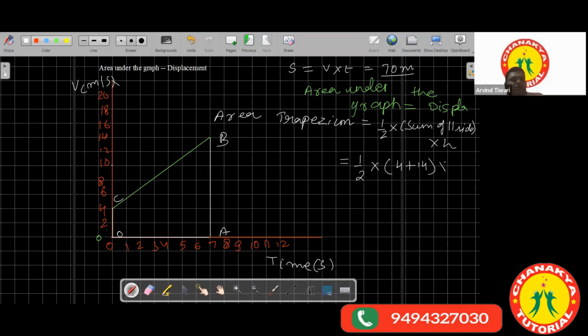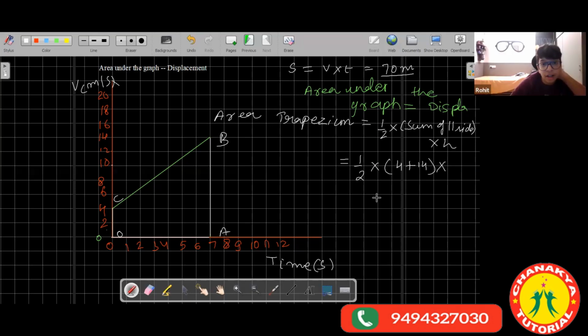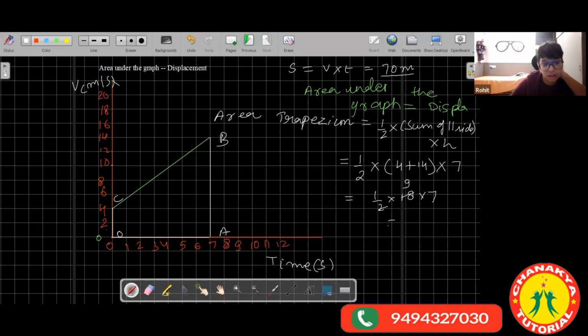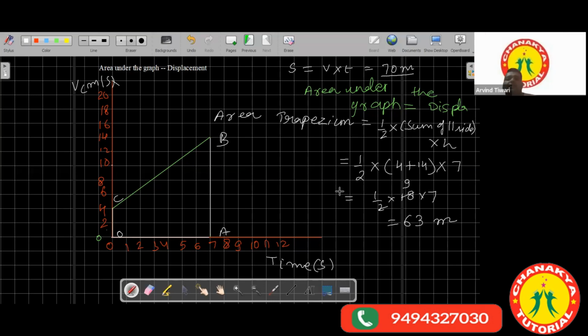And what is the height of this trapezium? 7. So 1 by 2 multiplied by 18 multiplied by 7 gives 63. Area of the trapezium is numerically equal to displacement, so the displacement should be 63 meters.